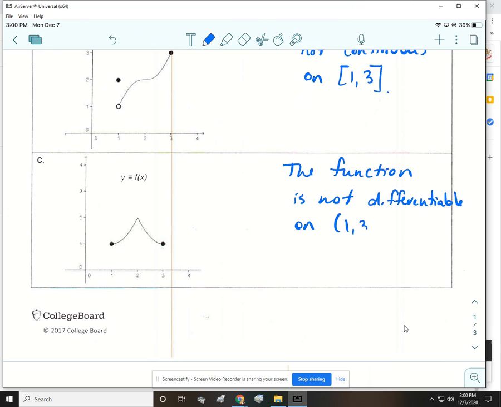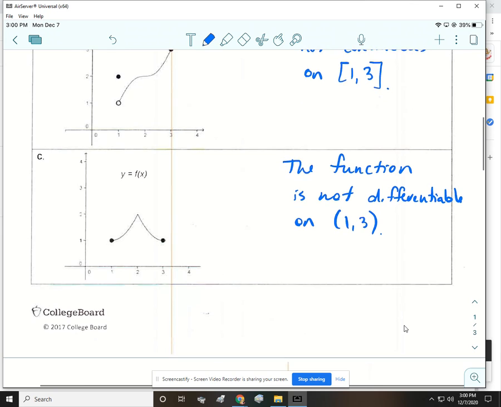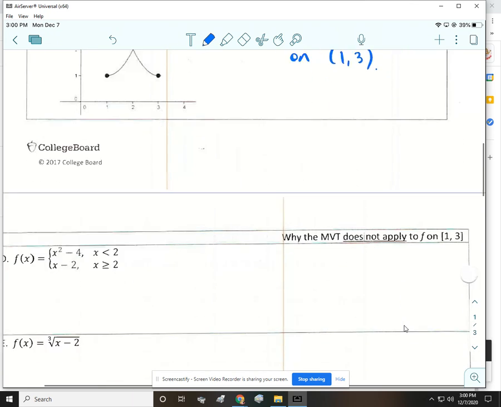Now, when we're talking about differentiable, we're only talking about an open interval. So it's okay if the function is not differentiable at the endpoints of your interval, as long as the function is continuous on that interval.